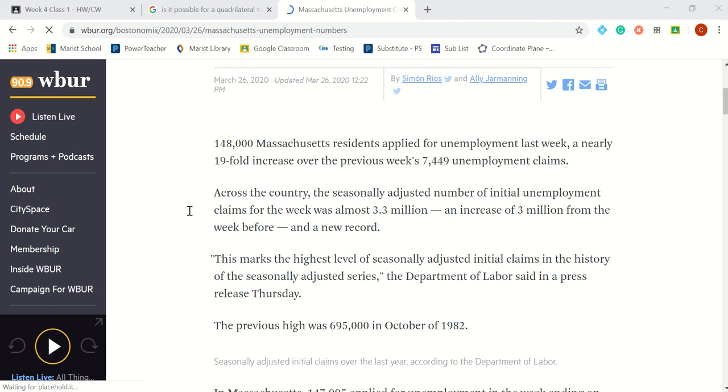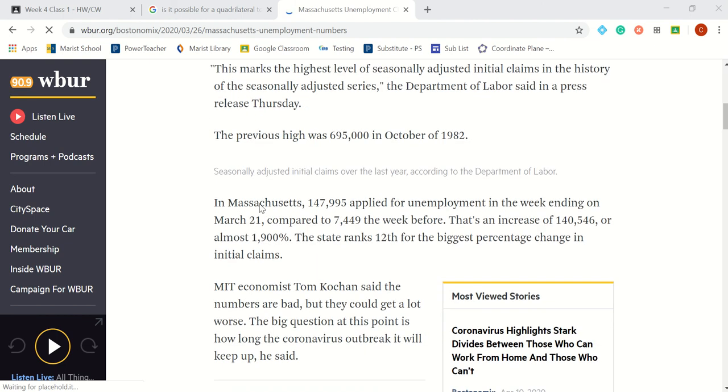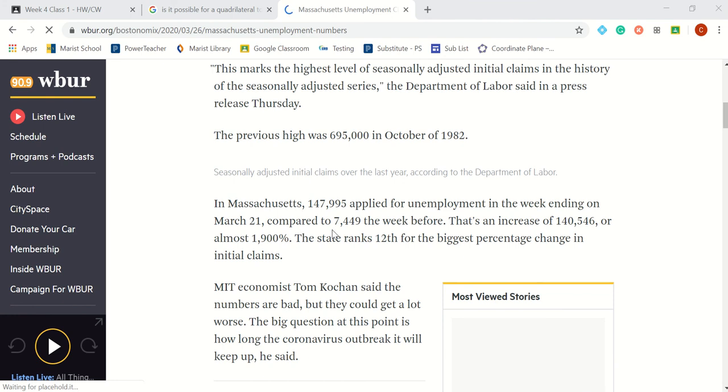So this is an increase of 1,900%, right? You see that down here in Massachusetts. 147,995 applied for unemployment in the week ending on March 21st compared to 7,449 the week before. That's an increase of 140,546 or almost 1,900%.